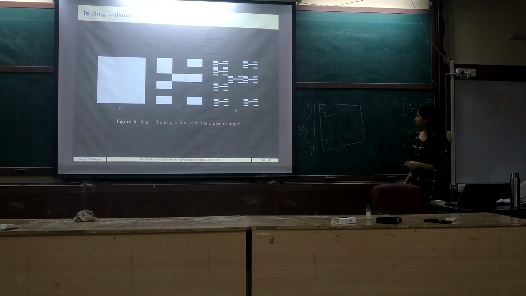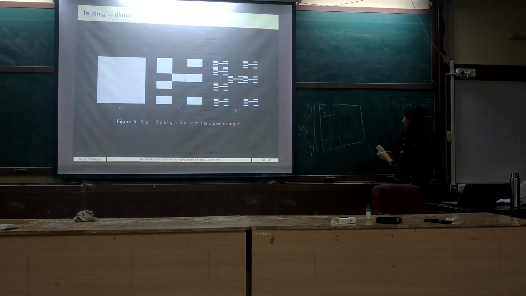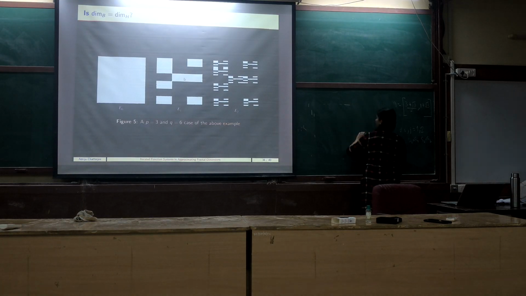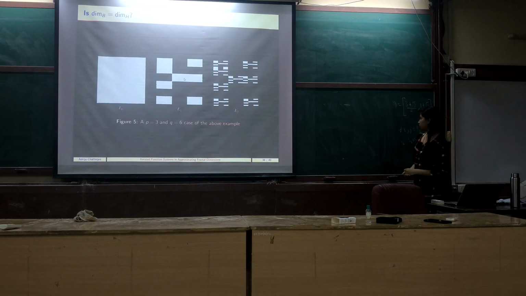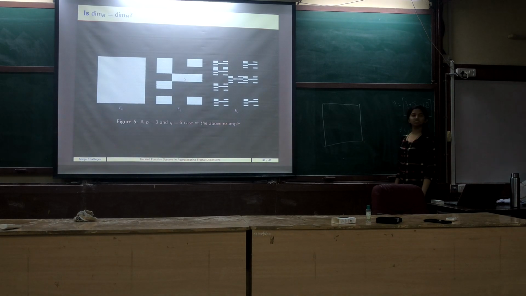So basically, should I draw this? Okay. So say your p equal to 3 and q equal to 6, just this example.